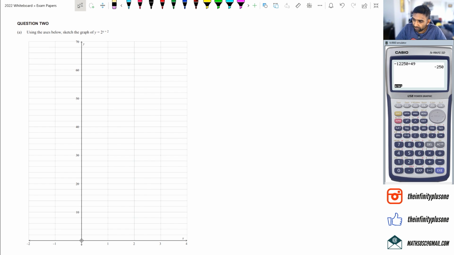Next question, what we've got here is sketch the graph of 2^(x+2). All right, so what I'm going to do is make a quick little table here, and I'm going to list down all my x values, which is -2, -1, 0, 1, 2, 3, and 4.